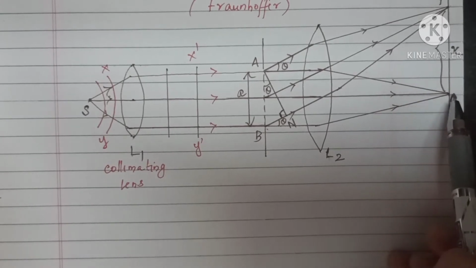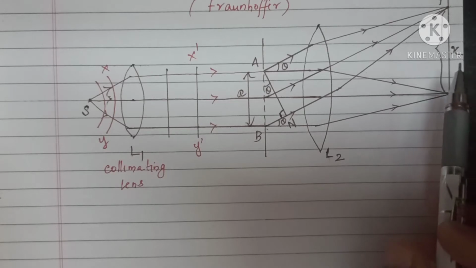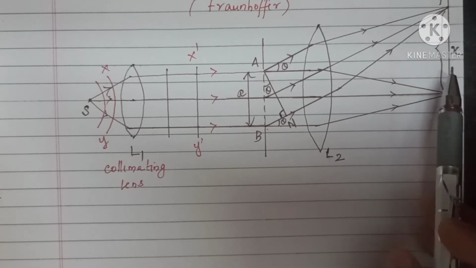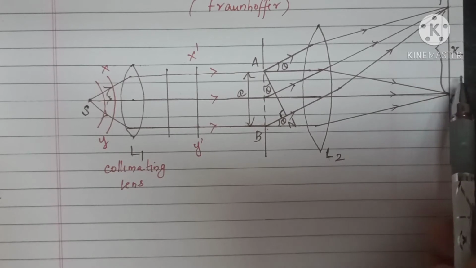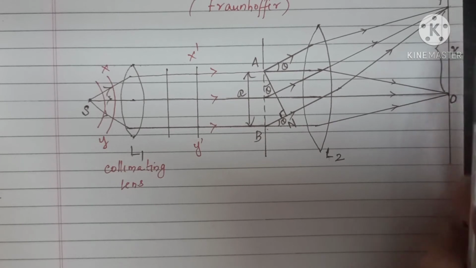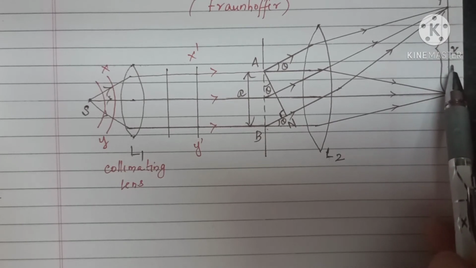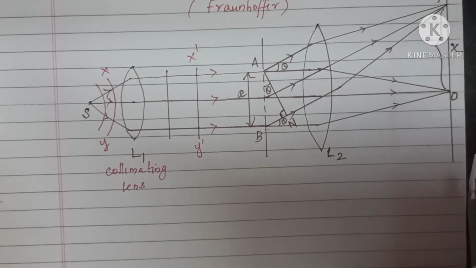The minima next to the central maximum we call the secondary minima. Again secondary maxima, again secondary minima, like this it will go. That is the first secondary minima, second secondary minima, third secondary minima. Similarly, first secondary maxima, second secondary maxima, like that it will go on both sides of the central maxima.